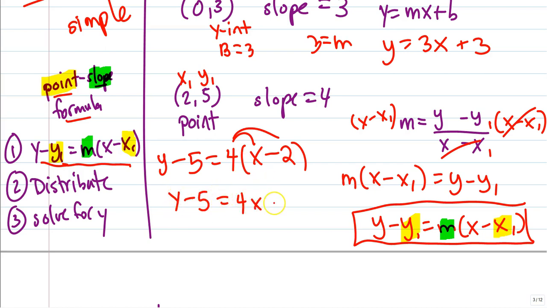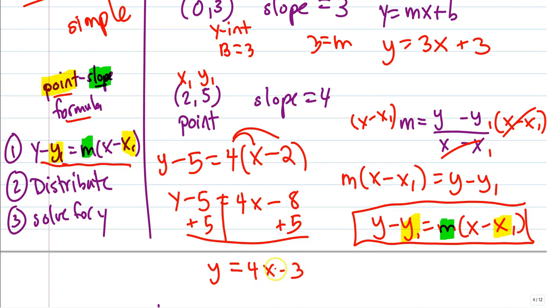4x minus 8. And then last, add the 5 to get y equals 4x minus 3. And if I were to graph that, 4x minus 3, it would have a slope of 4, and it contains the point (2, 5). You could even check that.